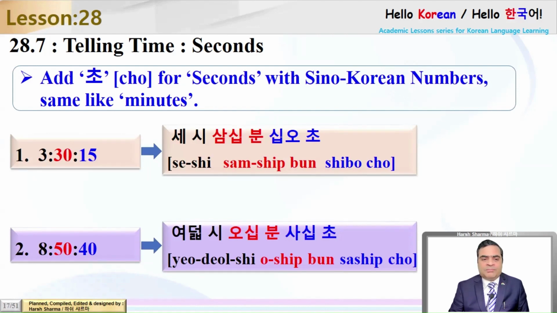One more time, number 1 example, 3시 30분 15초. And see example number 2, the time is 8:50 and 40 seconds: 8시 50분 40초. So at this stage, we have completed how to express time in Korean by understanding hours, minutes, and now seconds also.